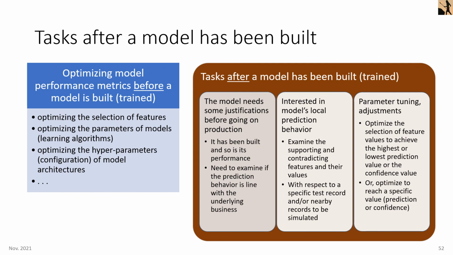We want to optimize the selection of feature values so that we can achieve the highest or lowest prediction value or confidence level. And we even get more practical: instead of that, can we optimize to reach a specific value? The 75% confidence level in a loan application is what we try.